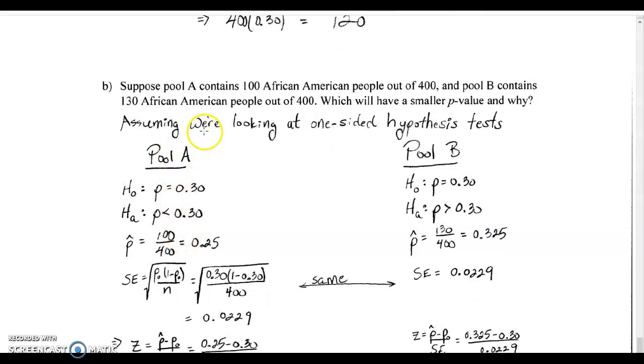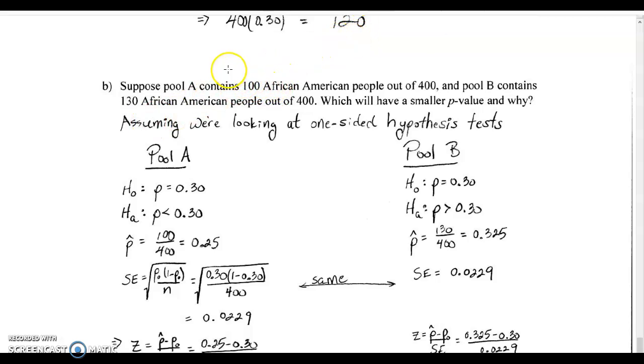Now let's suppose pool A contains 100 African American people out of 400, and pool B contains 130 African American people out of 400. Which one would have a smaller p-value? Assume we're looking at a one-sided hypothesis test. Is 100 further away from 120, or is 130 further away from 120? 130 is closer to 120 than 100 is.